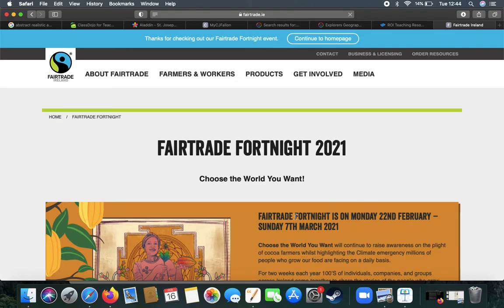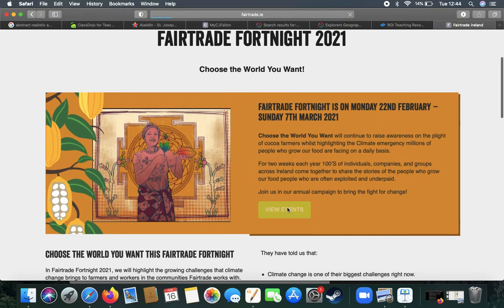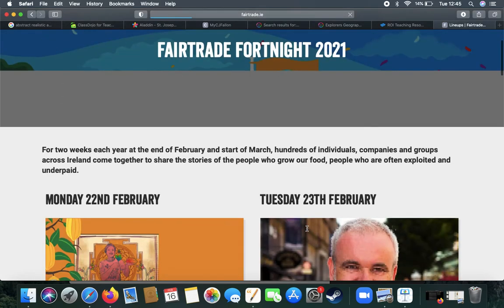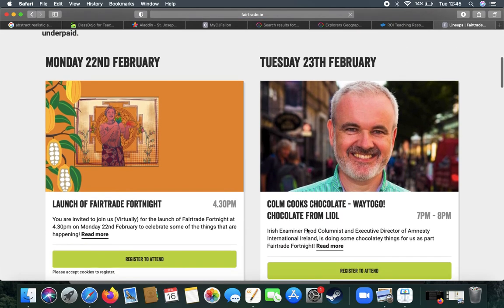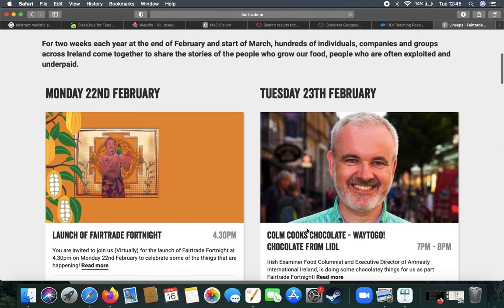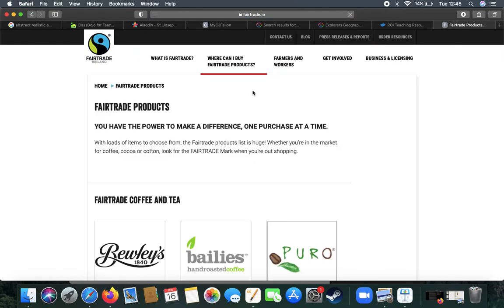Oh, look at this. Fair Trade Fortnight is on Monday the 22nd of February to Sunday the 7th of March. So look, there's lots of events on for fair trade, apparently. Okay, so there's a few little things there. So you can obviously read more and look into that, and you can look at the products and about fair trade on this website.